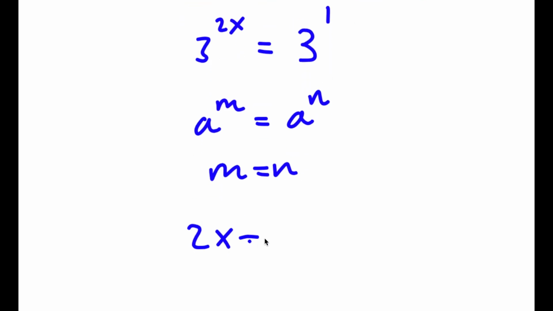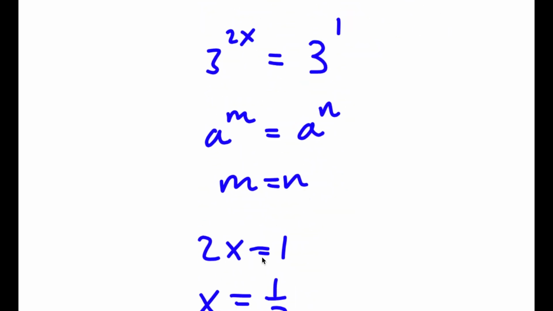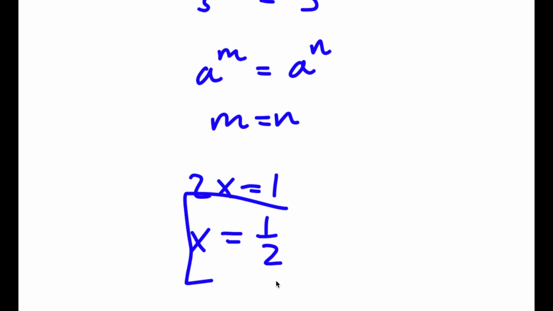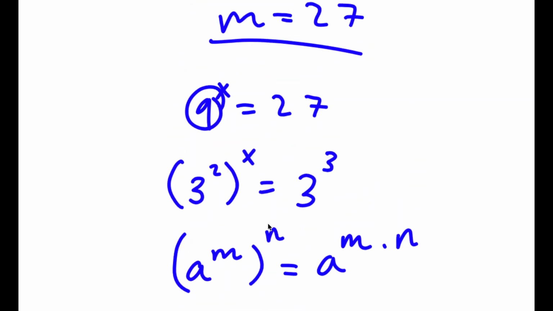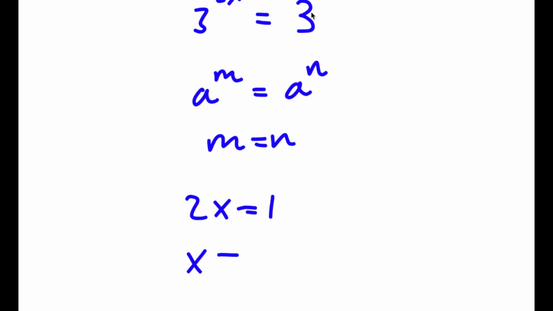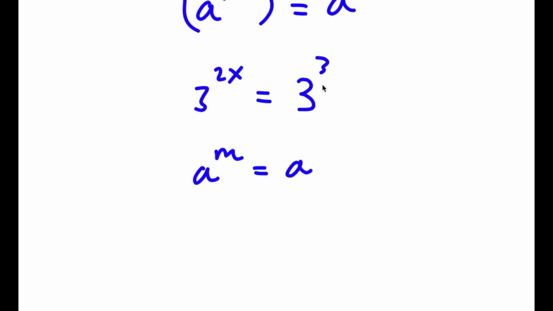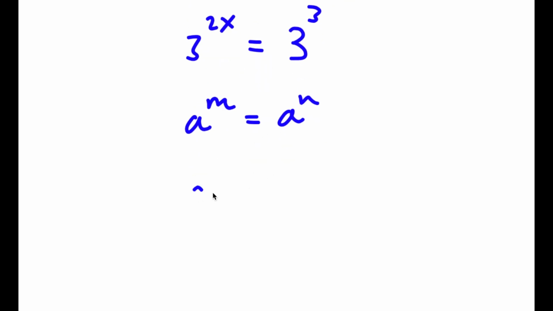So I have 2x is equal to 1, meaning x is equal to 1/2. Sorry, this isn't 3 to the power of 1. This is 3 to the power of 3. So 2x is equal to 3, so x is 3/2, not 1/2.